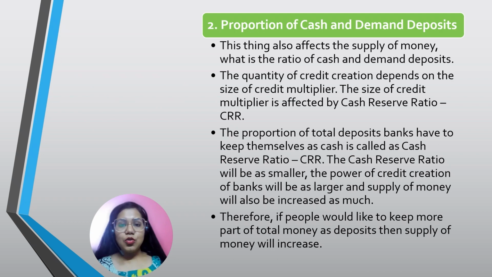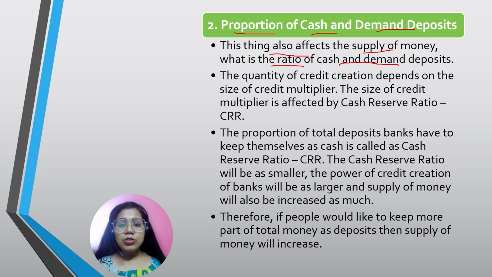The second factor that influences my supply of money is the proportion of cash and demand deposits. This thing also affects the supply of money, which is the ratio of cash and demand deposits. If people want to keep a larger proportion of money in deposit form, the power of banks grows on the basis of those deposits, as banks use these deposits to create credit.